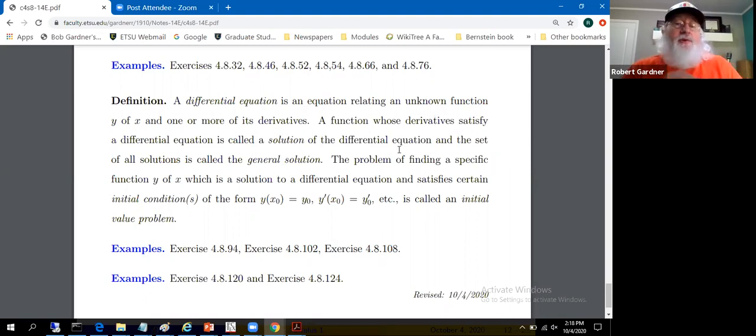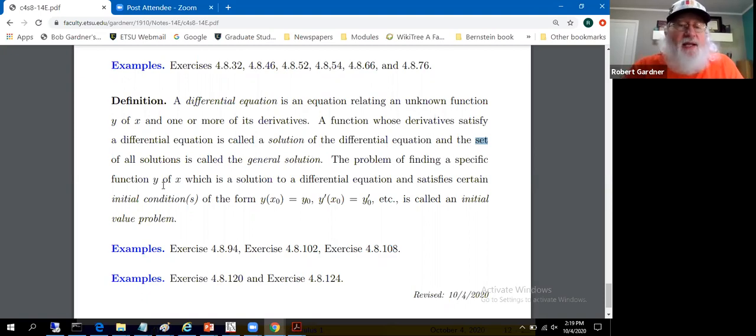The set of all solutions is called a general solution. When they talk about sets of all solutions, at this stage, we'll get those by using the technique of indefinite integrals. That produces sets of antiderivatives. So we'll get general solutions to differential equations by considering indefinite integrals.